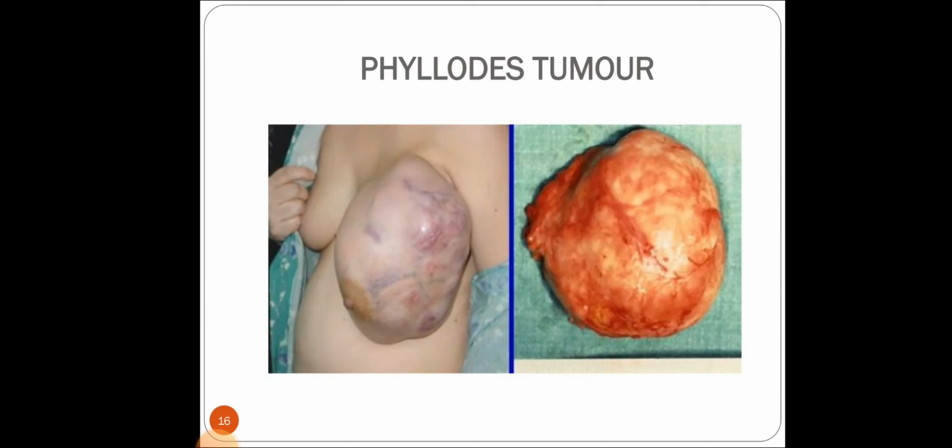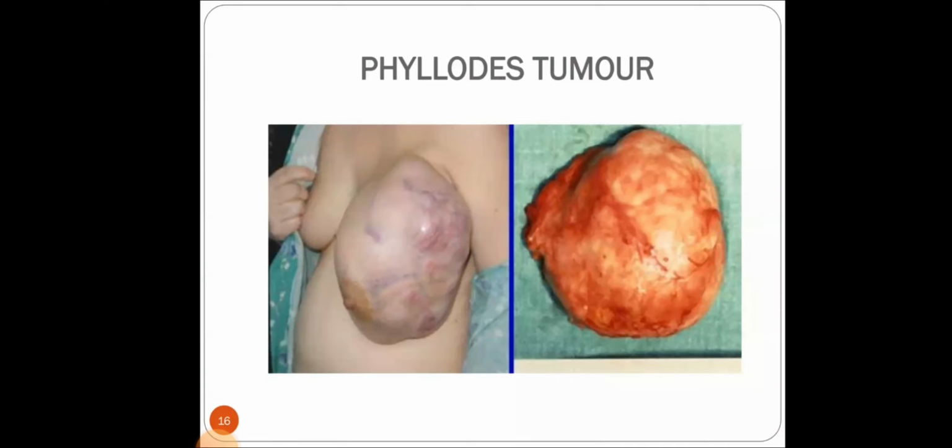Means, as we have told, it is rapidly growing, so due to that pressure there can be skin necrosis. Then the skin over the breast will be stretched, it will be shiny, and there will be reddish discoloration, and also dilated veins will be present over it.